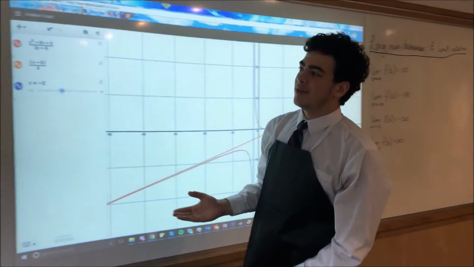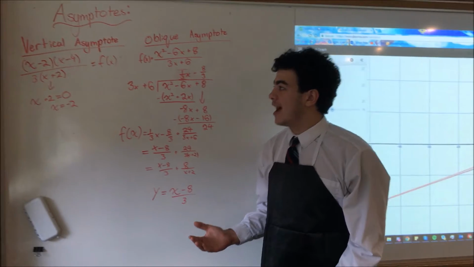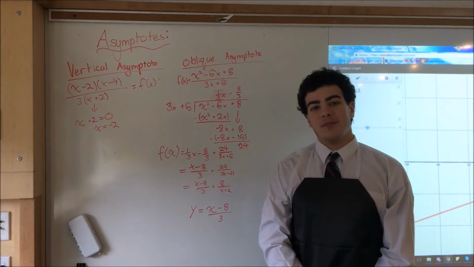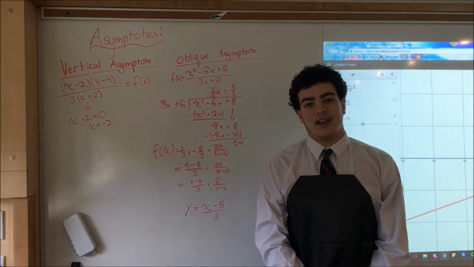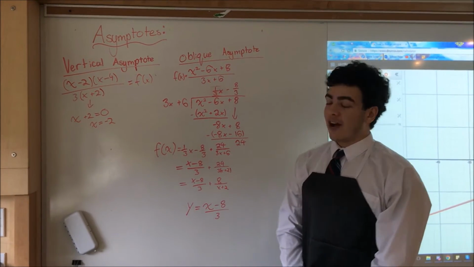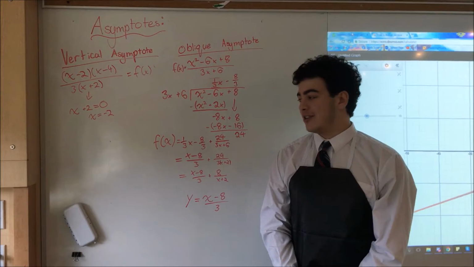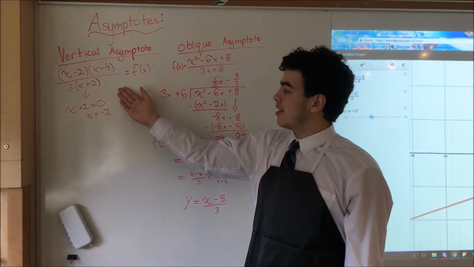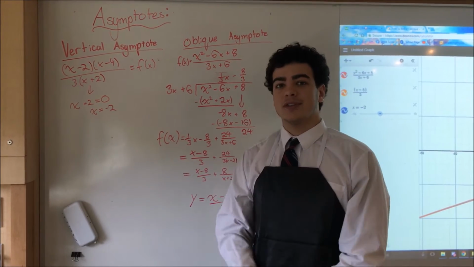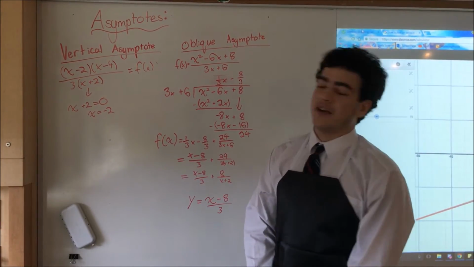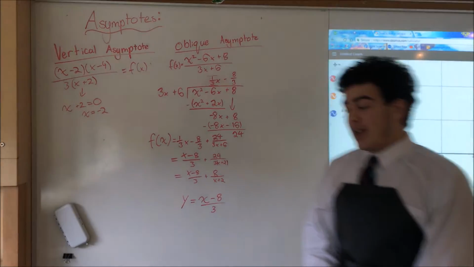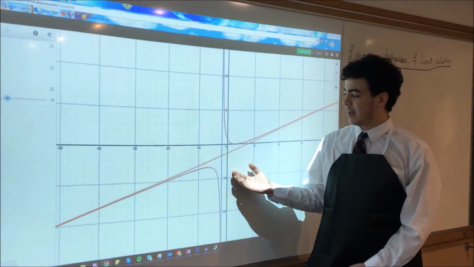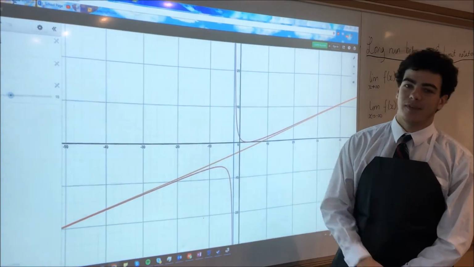To find specifically the vertical asymptote, we had to find the x value that will make the denominator equal to 0, because that cannot happen, and therefore it will result in no values. To do this, we use the factored form, and we simply found what x plus 2 equals 0, what the x value would be, which is negative 2. And if we look at the graph, we can see that the vertical asymptote is at x equals negative 2.